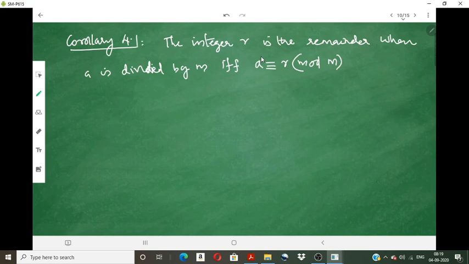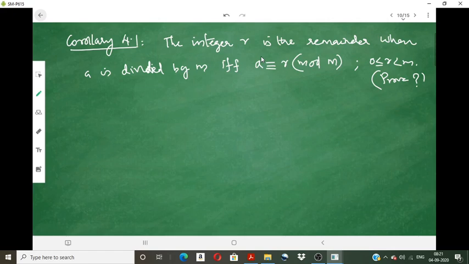So a is congruent to r modulo m if and only if r is the remainder when a is divided by m, where r is 0 less than or equal to r less than m. The proof of this corollary is immediate from theorem 4.3, and we leave it as an exercise for you. So try to write the proof.